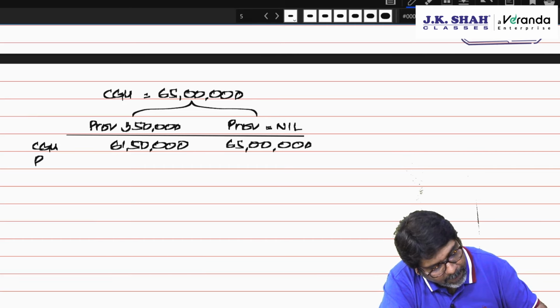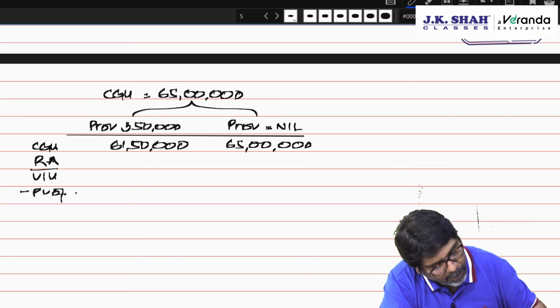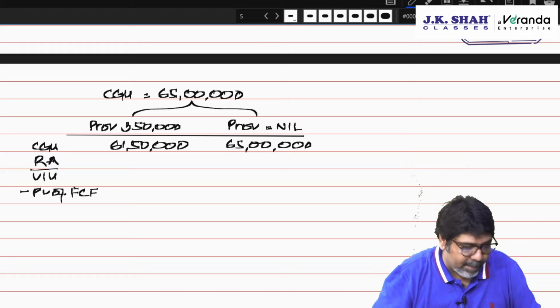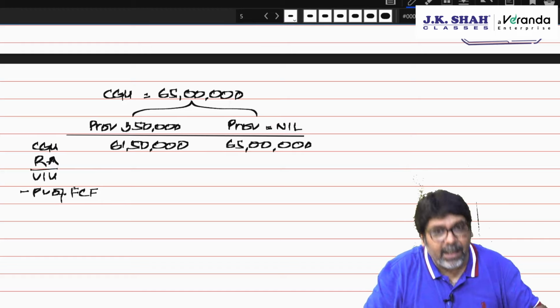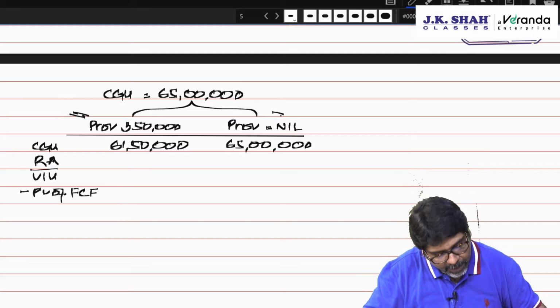Then we are supposed to find out the recoverable amount, that is value in use, that is present value of future cash flows. There is no fair value less cost to dispose. Am I clear? So if they are planning a restructuring, there is a provision. If they are not planning a restructuring, there is no provision.